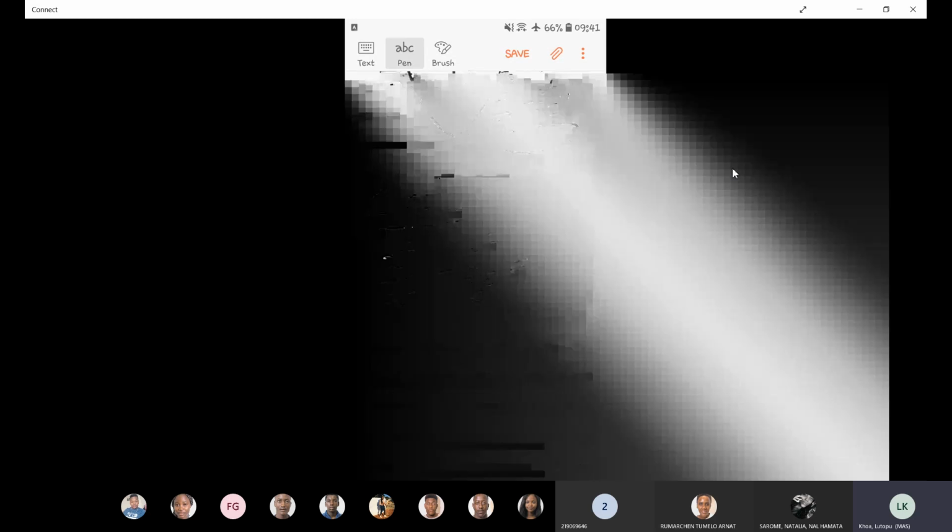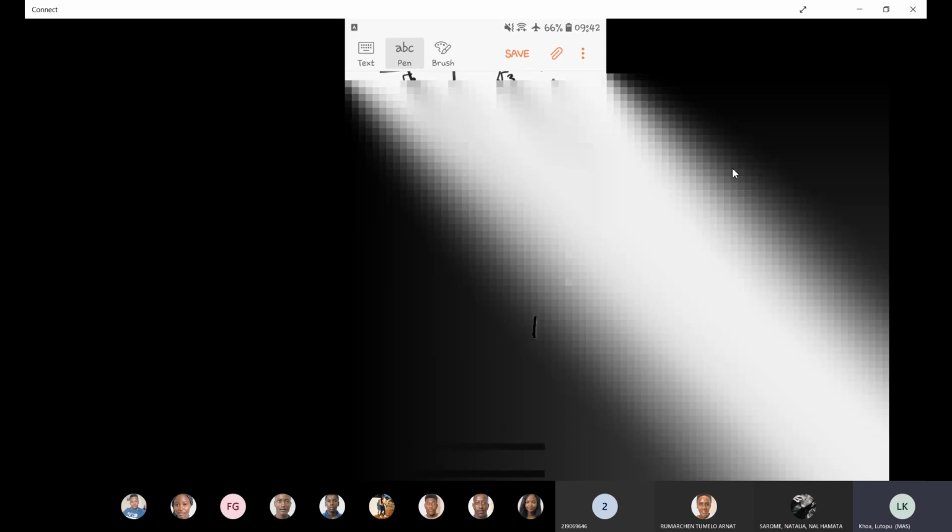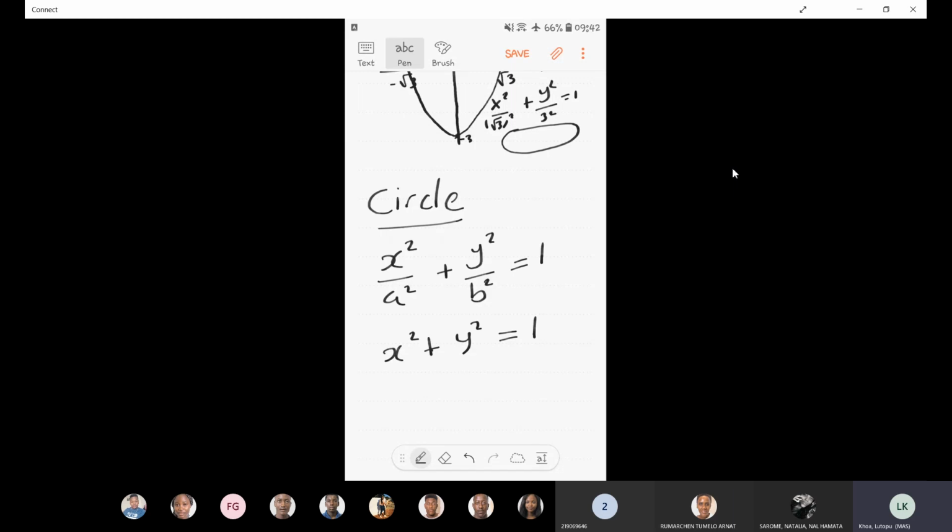Now when a and b are equal to 1, then what you have is just this. This is x squared plus y squared, and this is equal to 1. This is a circle with a radius equal to 1.